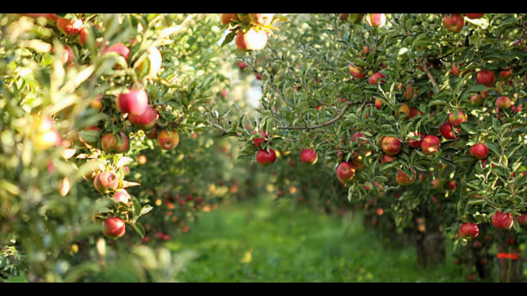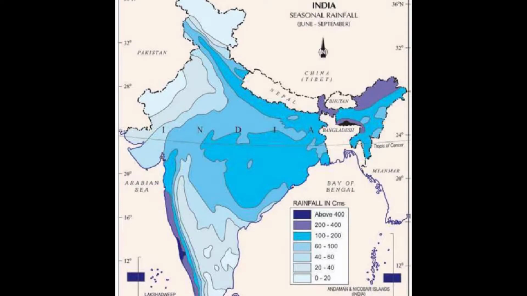Now we will discuss the annual rainfall. So the annual rainfall can be divided into basically three categories. First is the region of heavy rainfall, in which the rainfall is above 300 centimeters. Then the region of low rainfall, that is less than 50 centimeters, and moderate rainfall, which is between 50 to 300 centimeters.